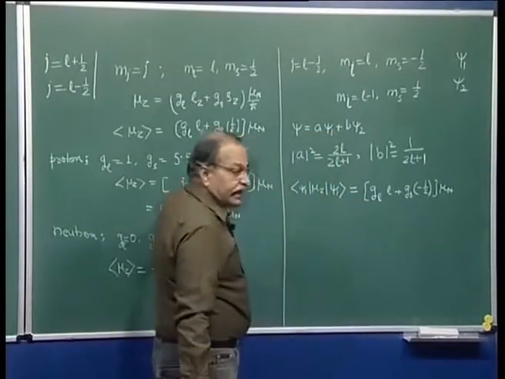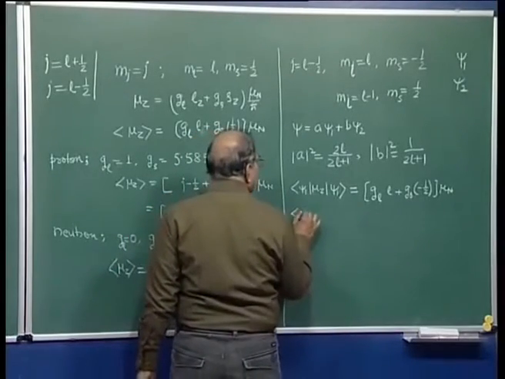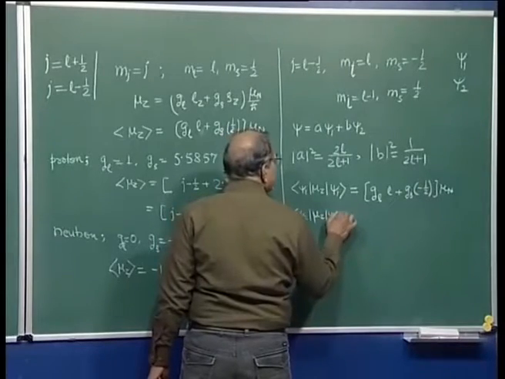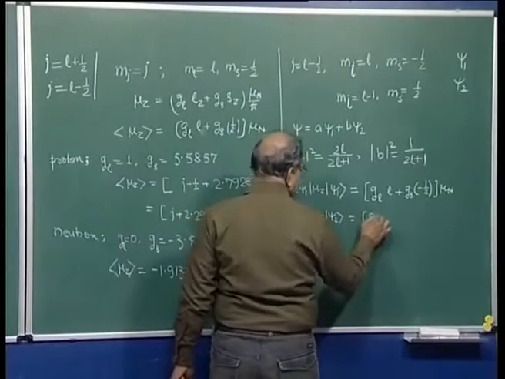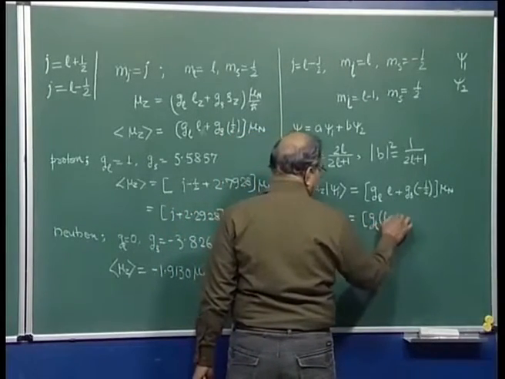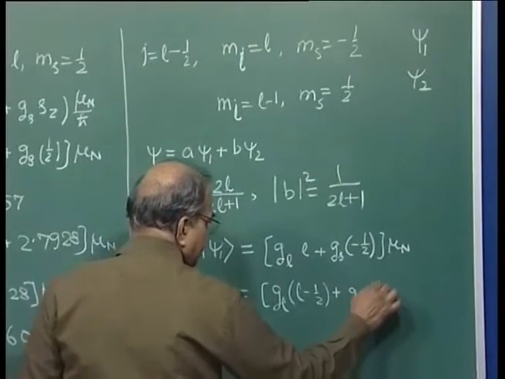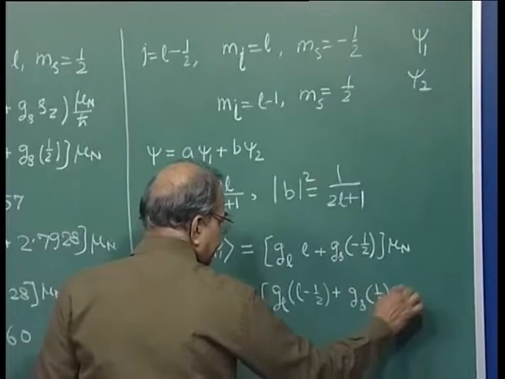And with psi 2, psi 2 mu z psi 2 will be GL into L minus 1 and plus GS into half, mu n.